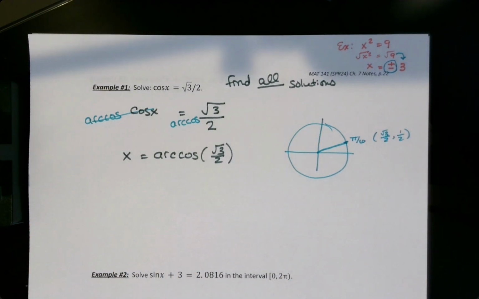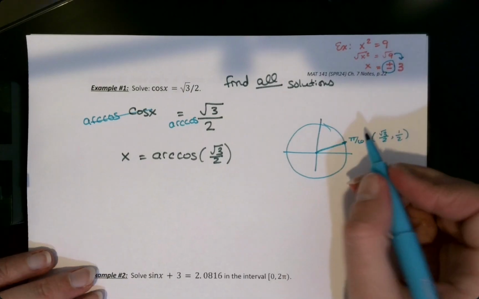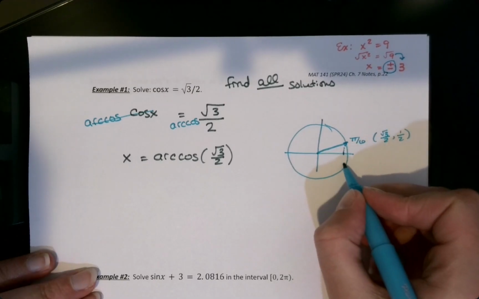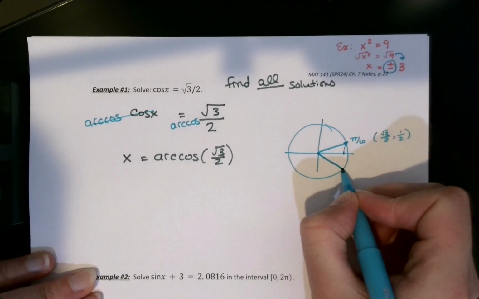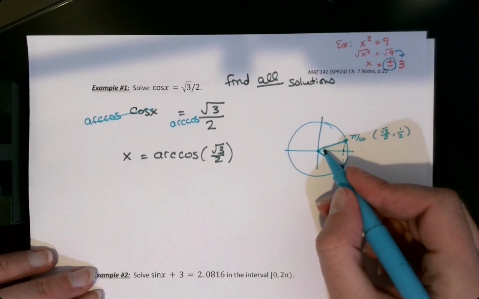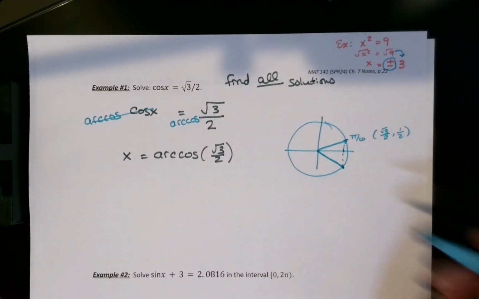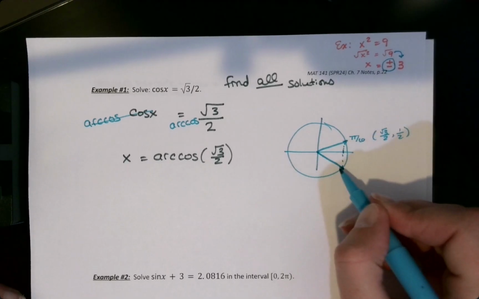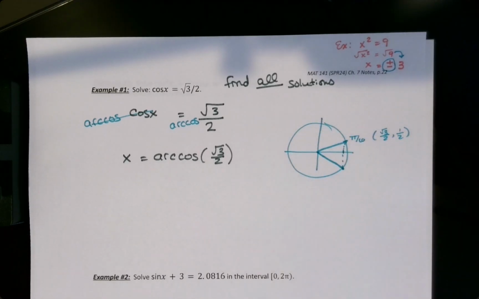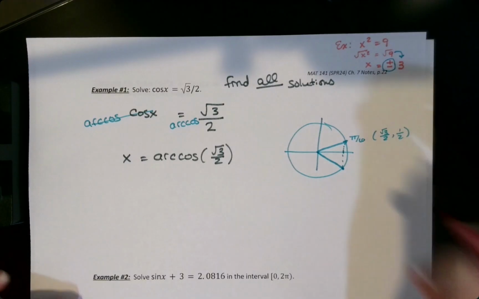But that's not the only angle whose cosine is going to be square root of 3 over 2. Cosine deals with the x coordinate, so that's going to happen down here as well. That same x coordinate, we're going to have the angle in the fourth quadrant that matches this angle. My circle wasn't quite a perfect circle, so it looks a little skewed right there, but hopefully that matches up.